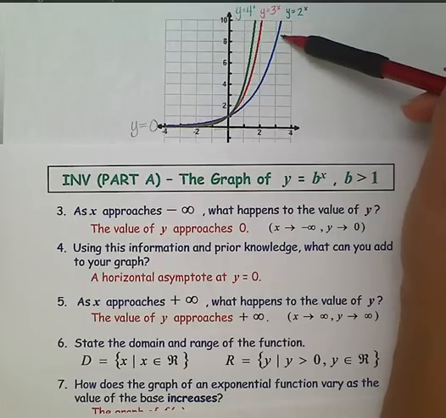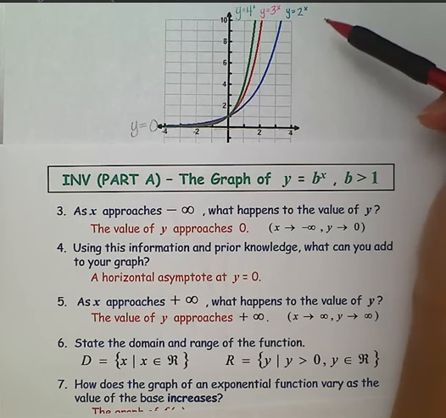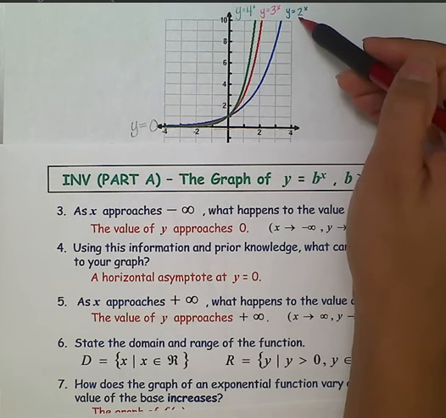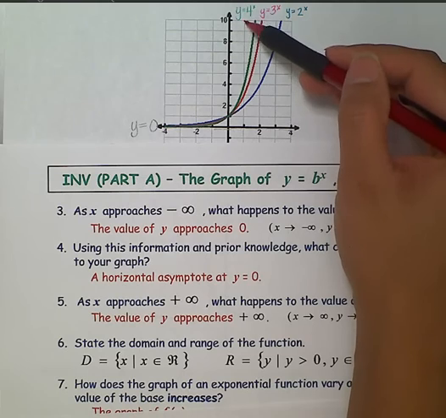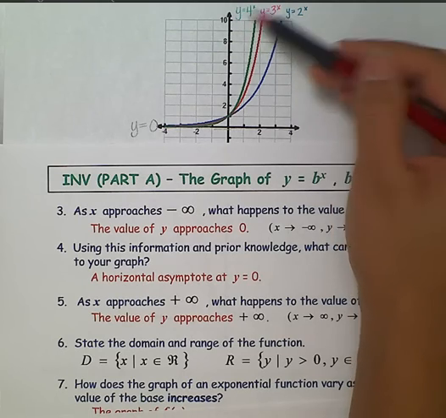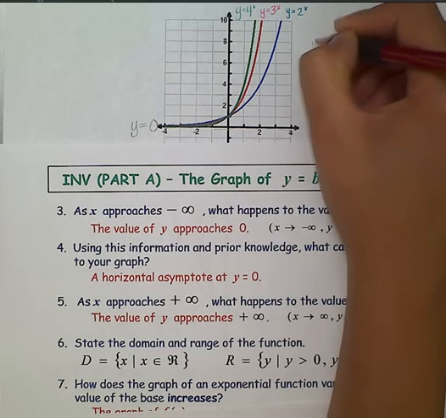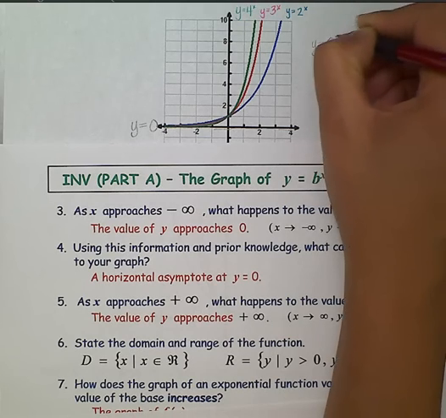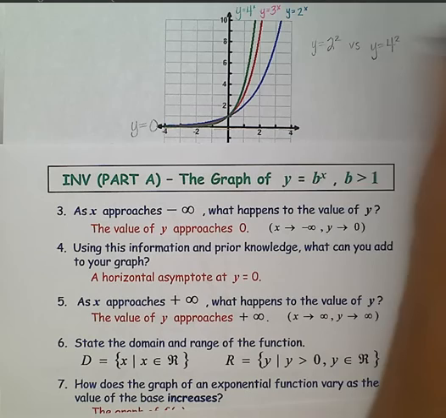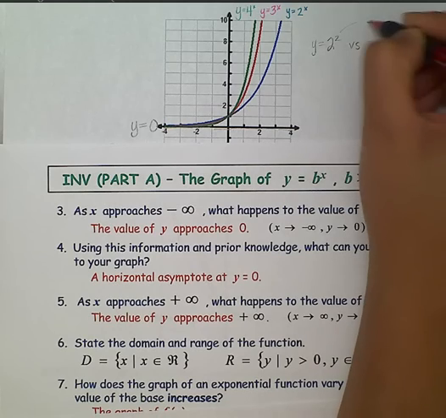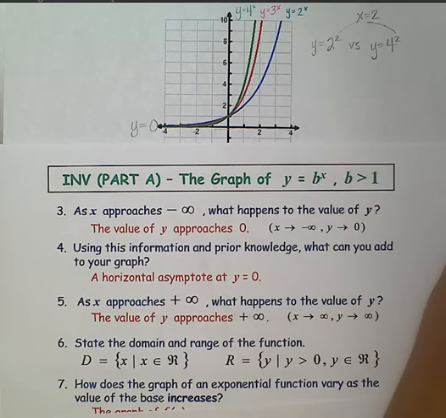The reason is that you're multiplying a much larger number by itself more and more times. Consider y equals 2 to the exponent 2 versus y equals 4 to the exponent 2, using the same value x equals 2.